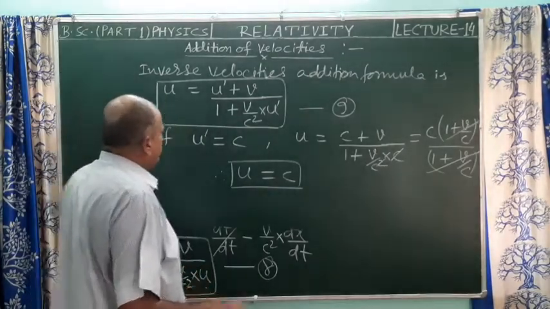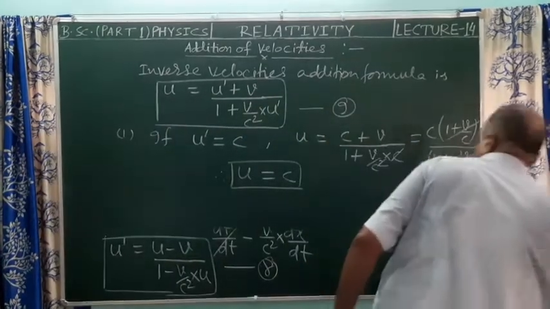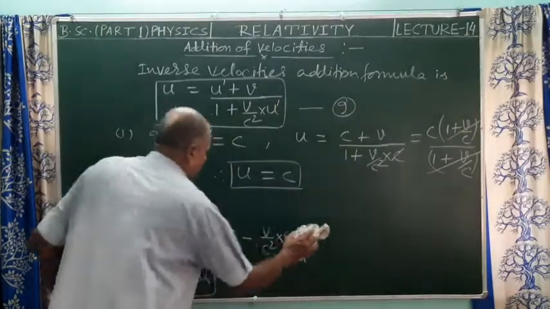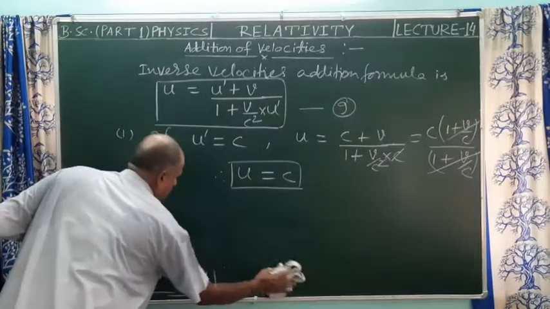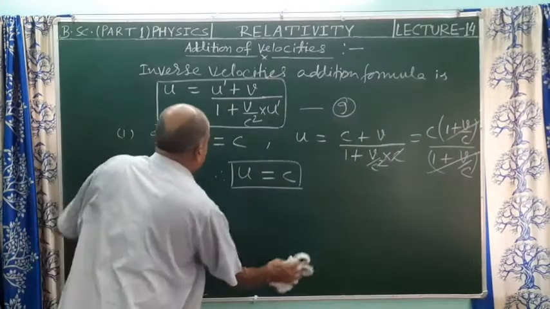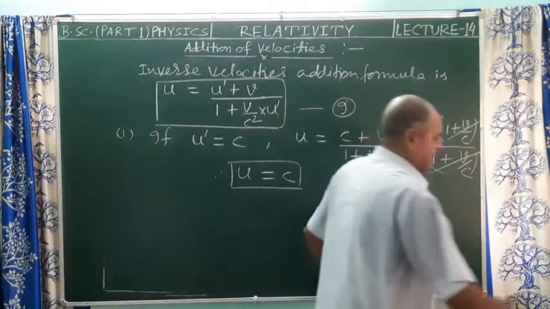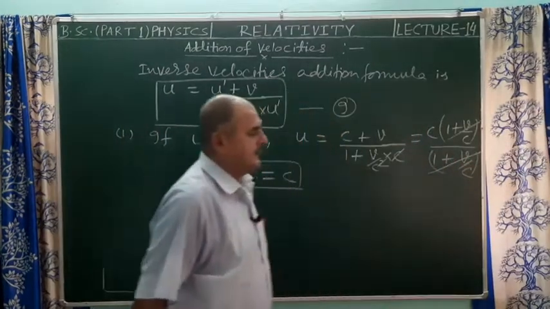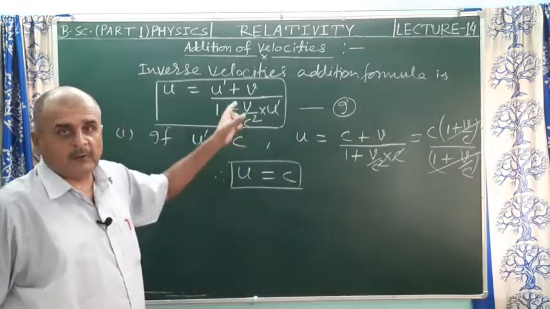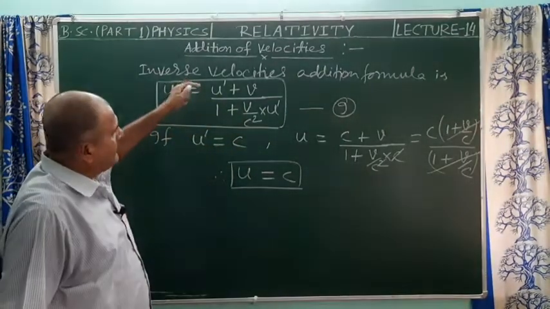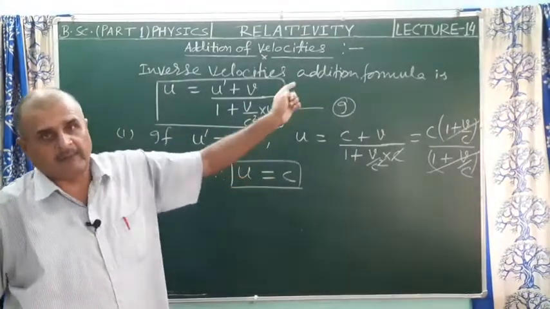And if u dash and v both are taken as c, that is the speed of the object in frame s dash is also equal to the speed of light, and frame s dash is also moving with the speed of light in vacuum.